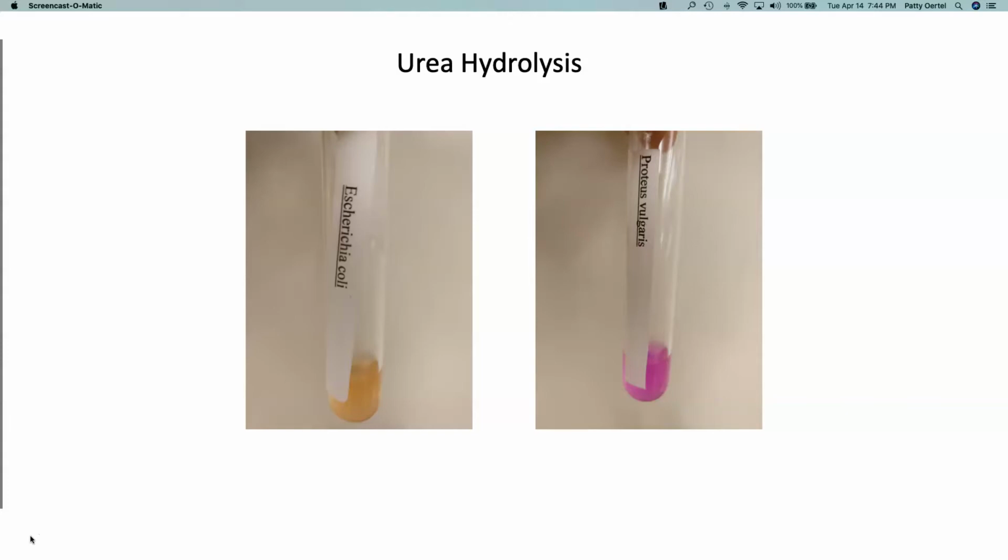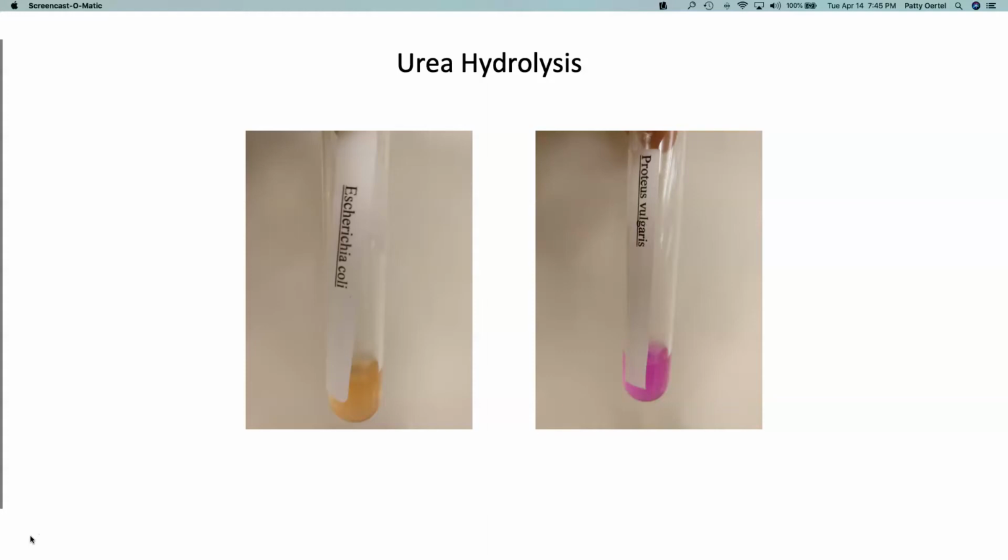Remember that in the urea hydrolysis test, the urea broth has a pH indicator called, what was it called again? Phenol red. Under acidic conditions, what does phenol red look like? Yellow. Under alkaline conditions, what does our phenol red look like? So what will a positive reaction or a negative reaction look like in the urea hydrolysis test?